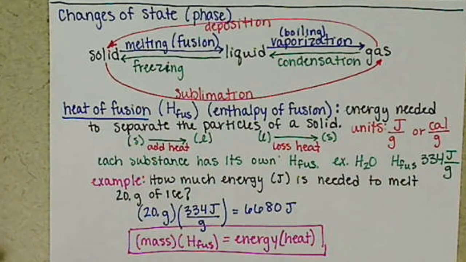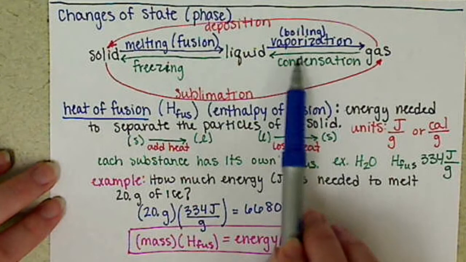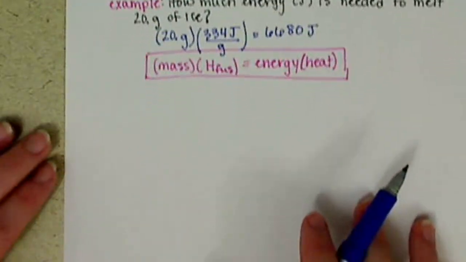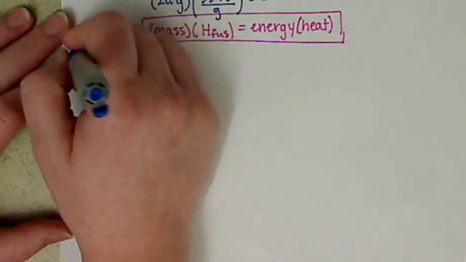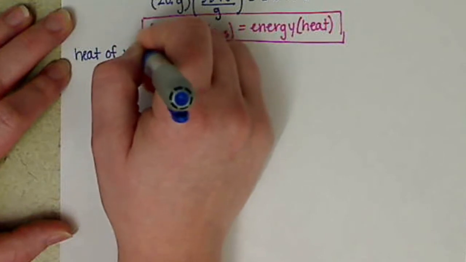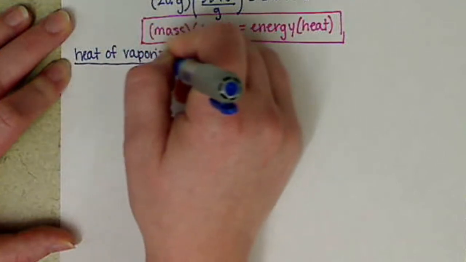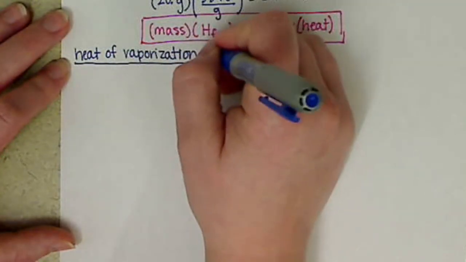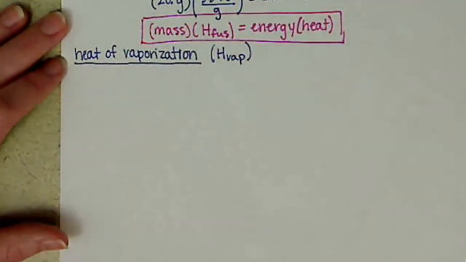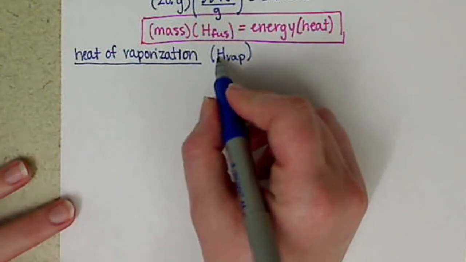All right, let's talk about our other transition, between liquids and gases. So we're talking about vaporization. So we have heat of vaporization next. We have capital H, and we put VAP as our subscript. And again, this H doesn't stand for heat.